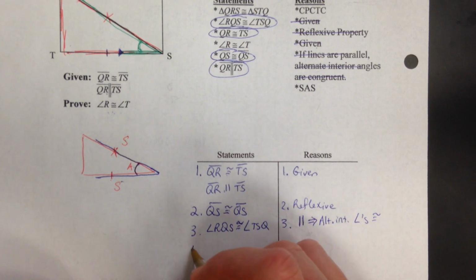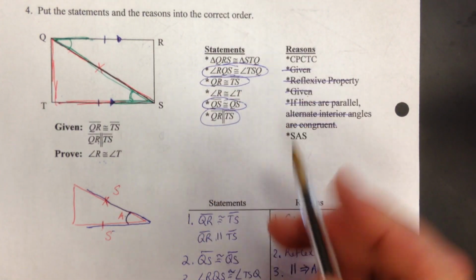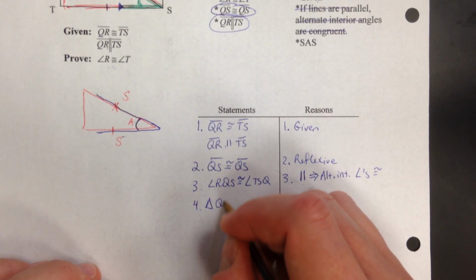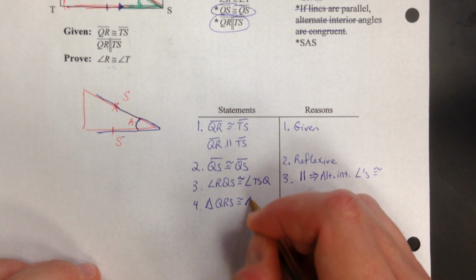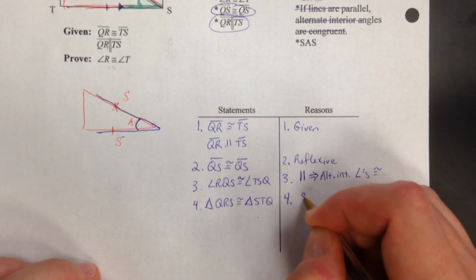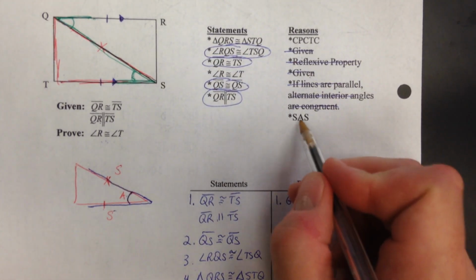So we're going to write down here that the triangles are congruent, so that's the top statement, triangle QRS is congruent to triangle STQ. Why? Side angle side. Okay, which is this reason here.